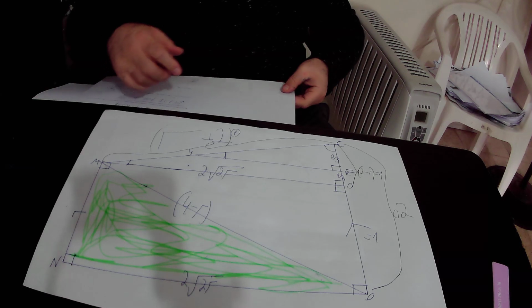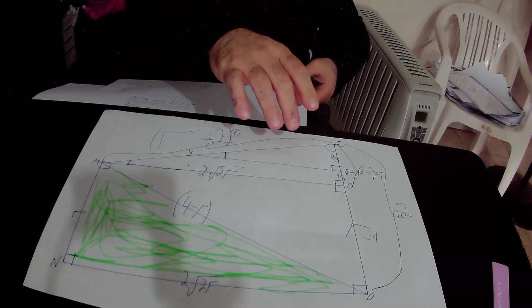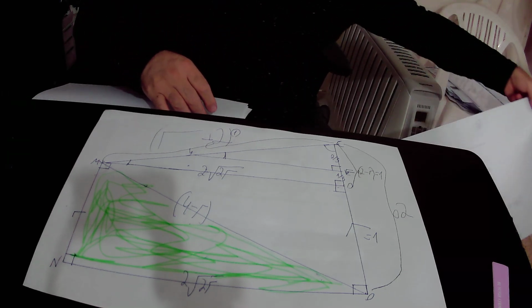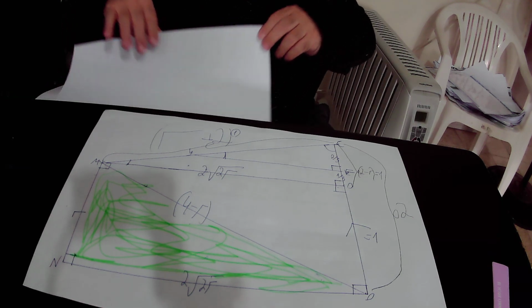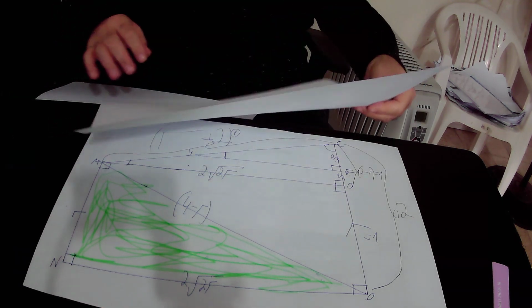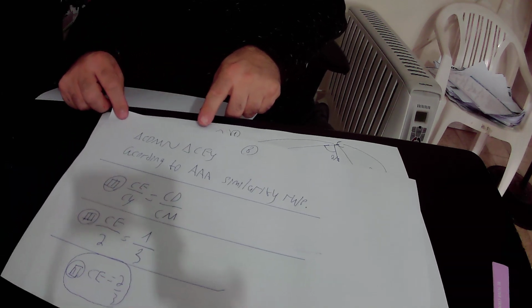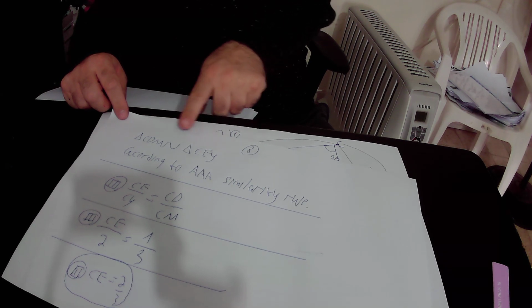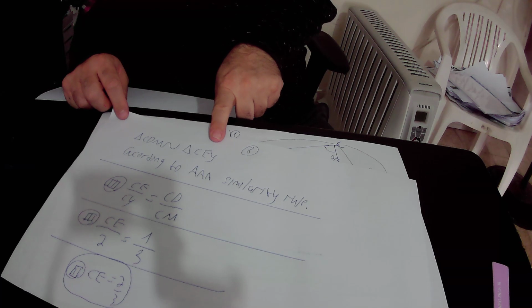So we actually proved that all three angles of triangle CDM are congruent to all three angles of triangle CEY. Therefore, we proved that those two right triangles are similar according to the angle similarity rule. Triangle CDM is similar to triangle CEY.